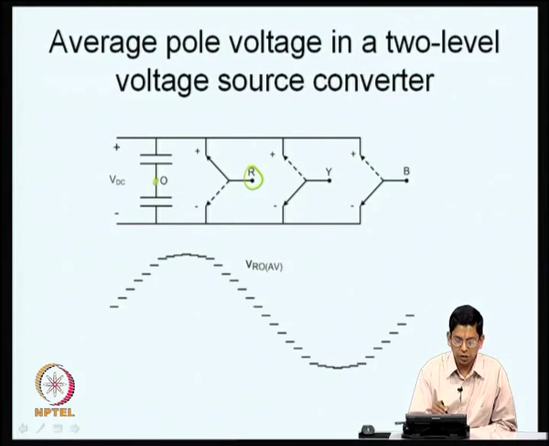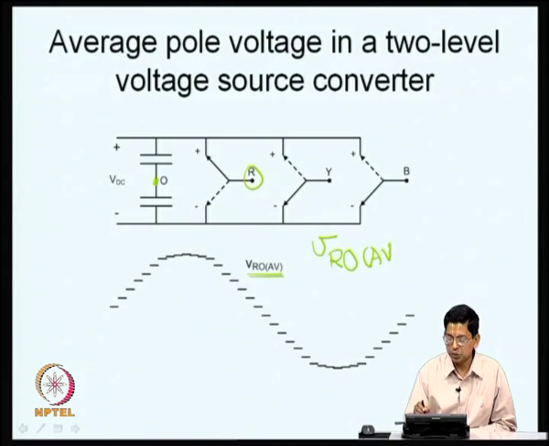Now, we are measuring it with respect to the midpoint O, VRO, and we are looking at this VRO average. What we are looking at is the potential at the pole R measured with respect to O, the instantaneous value, and we are trying to average this over a switching cycle. We call it VRO average.